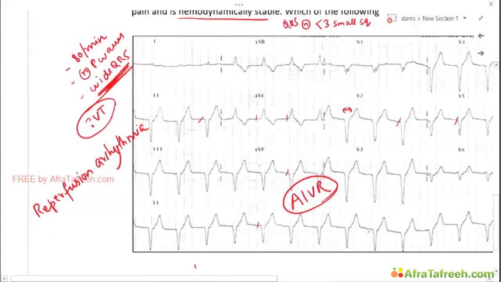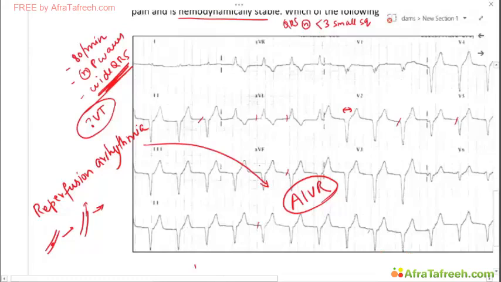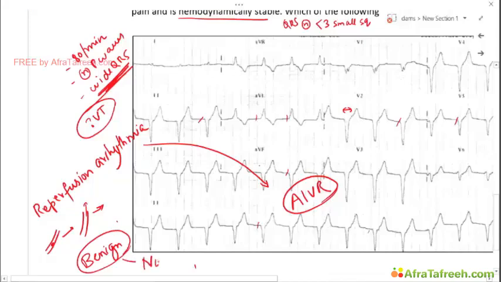You thrombolyse a patient or get a patient on PCI, you open the clot. This clot gets opened up. Now you have a patent artery with flow. At this time you get some arrhythmias which are called reperfusion arrhythmias, one of which is AIVR, and this is a benign condition. You don't have to treat.